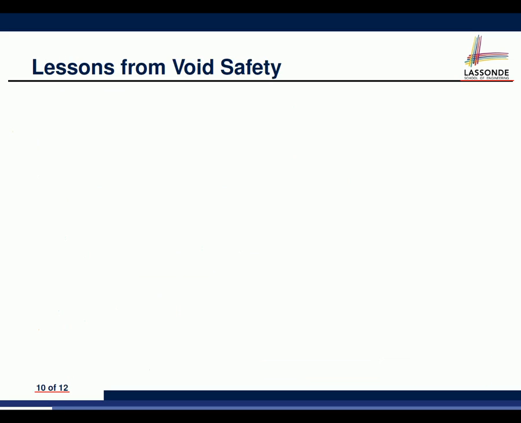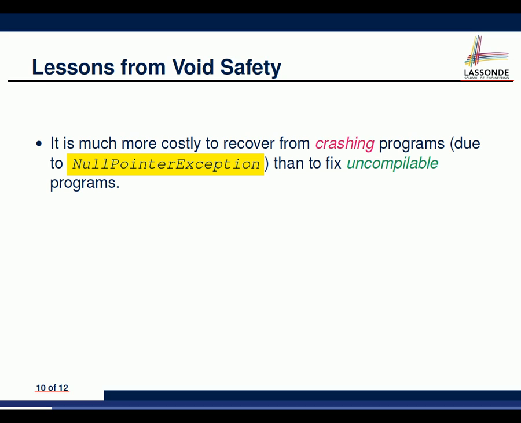Now, one more thing before we finish this lecture. It's quite a straightforward lecture, so let's say it's about void safety. Remember what we said in the beginning of the class: the reason we are learning about design properly is that it's much less costly to recover from design errors than to recover from errors in the implementation or even after release. Similar idea: if you can recover from errors right at the compilation stage before you run the program, it is much more cost effective than recovering once you run the program and get a null pointer exception.